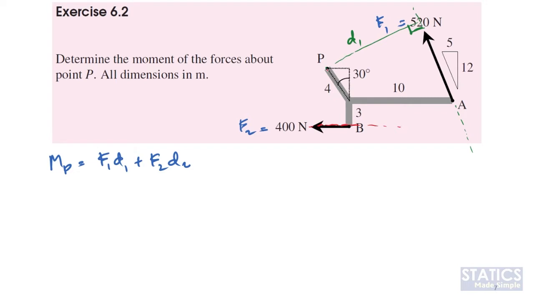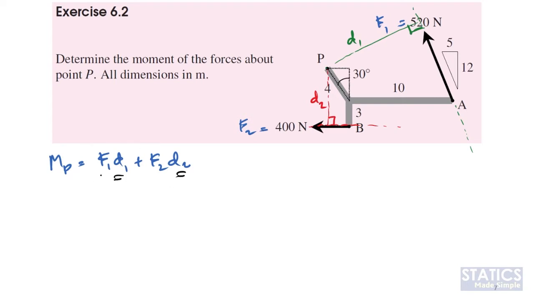So the perpendicular or shortest distance will be this distance. This will be your D2. So moment at P will be equal to the sum of the moments due to F1 and F2. Clear?